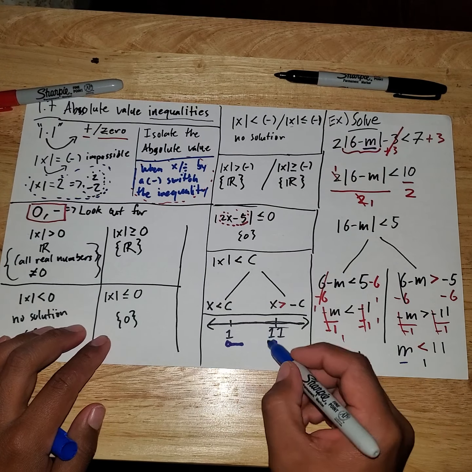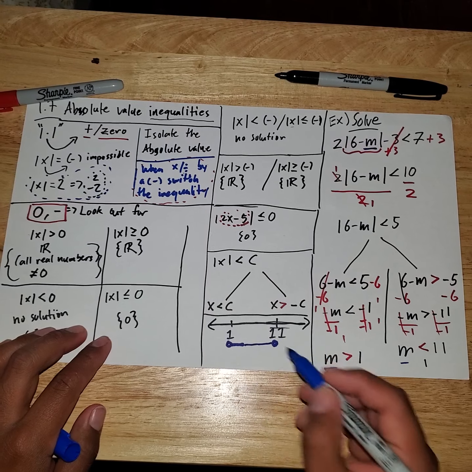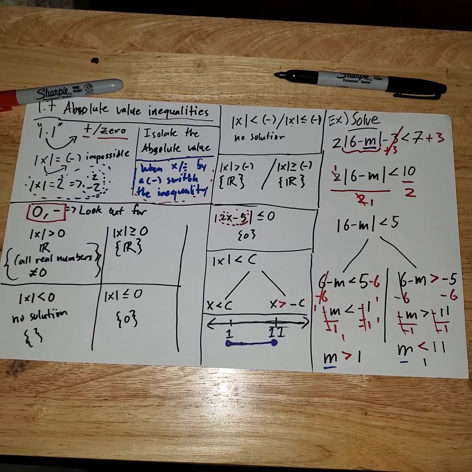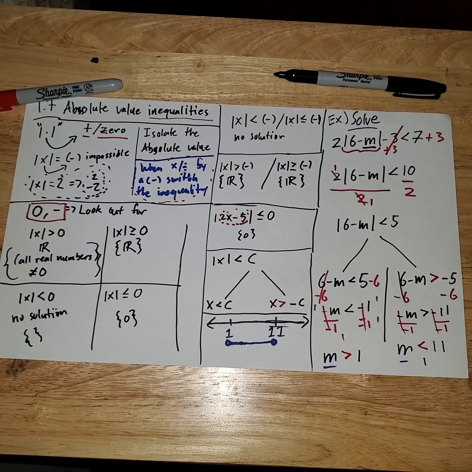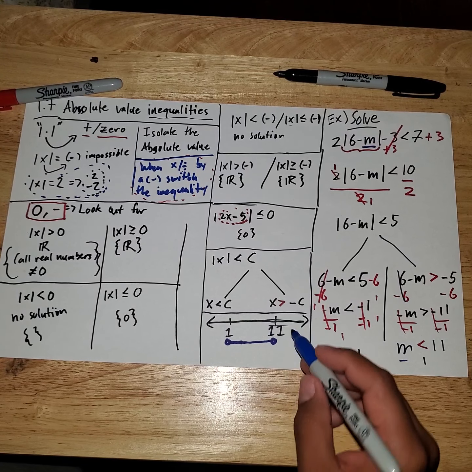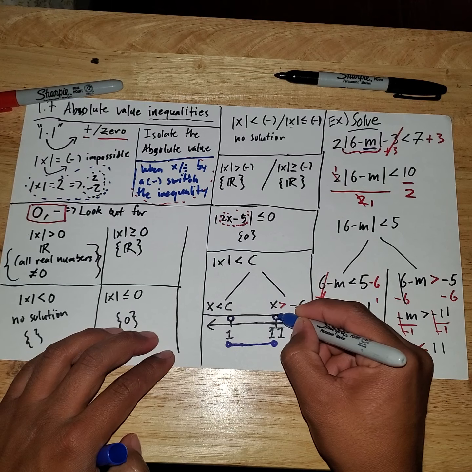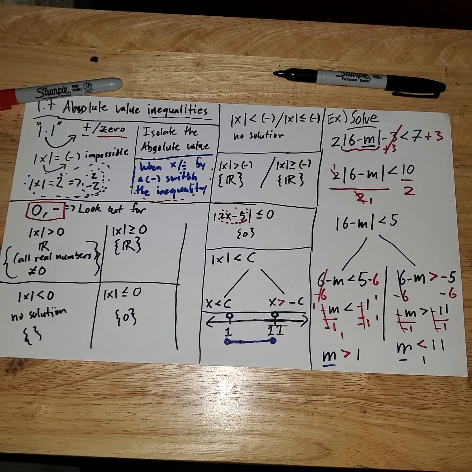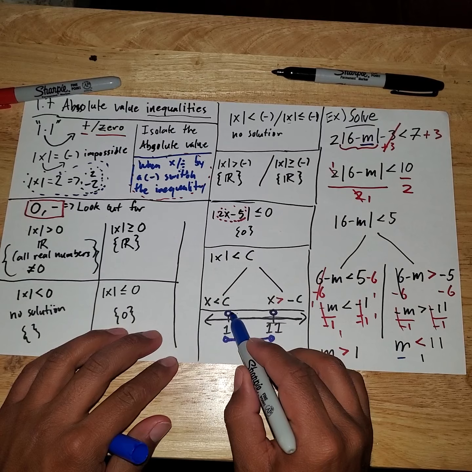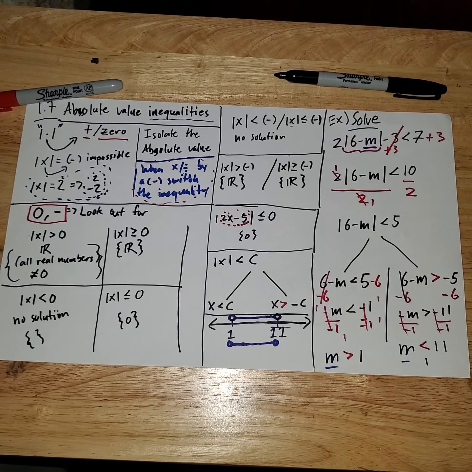So m also has to be smaller than 11. These are open circles. I know they're like filling in, but remember, open circles at 11, and then it's just everything in between.